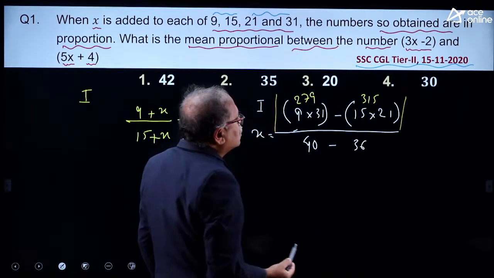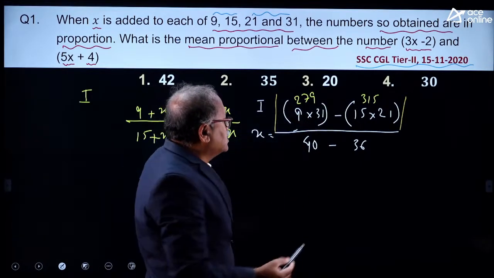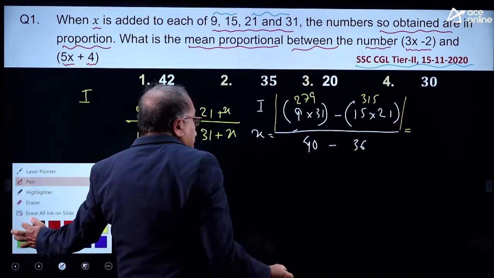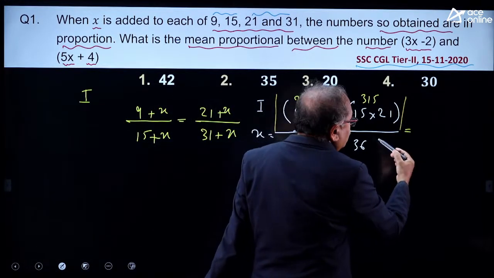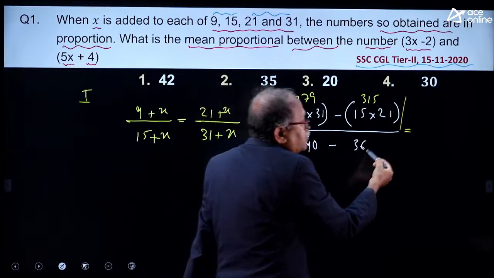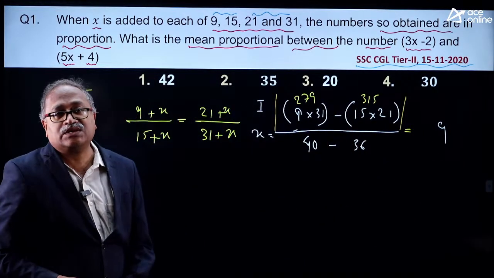Take the difference of these two, which is 36. So, I get 36 by 4, which is nothing but 9. So, I got the x value as 9.